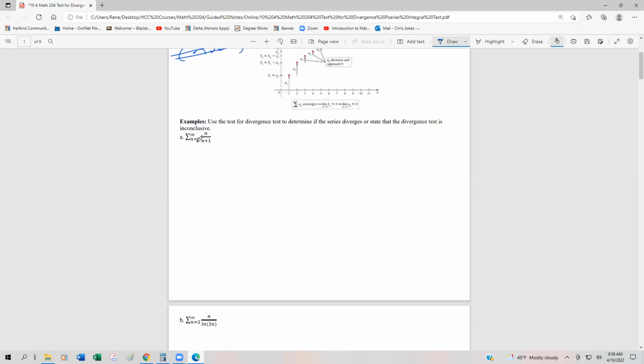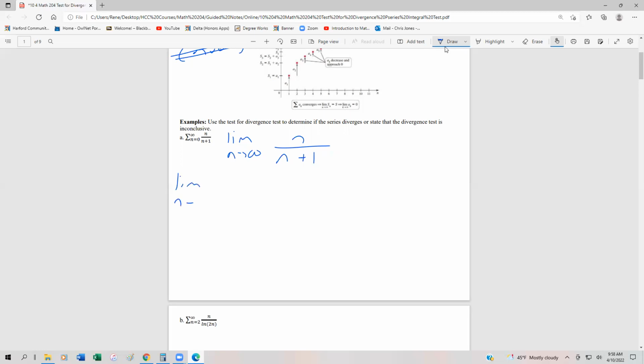So we have the series n equals 0 to infinity, n over n plus 1. And I'm going to take the limit as n approaches infinity of n over n plus 1. To evaluate this limit, we just divide everything by the highest power of n in the denominator, which is just n by itself.